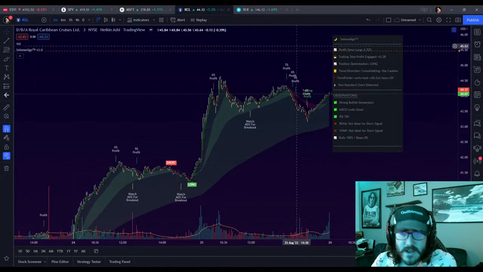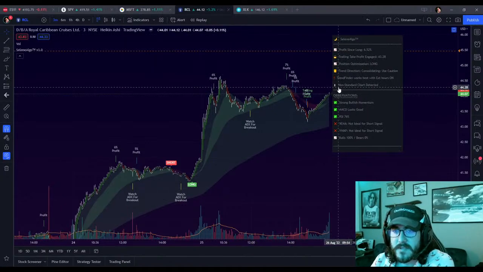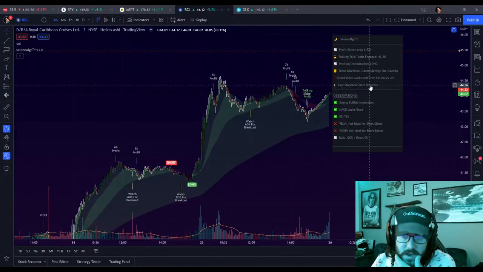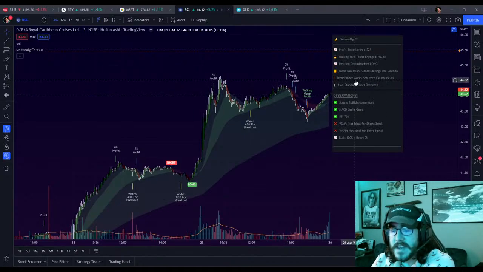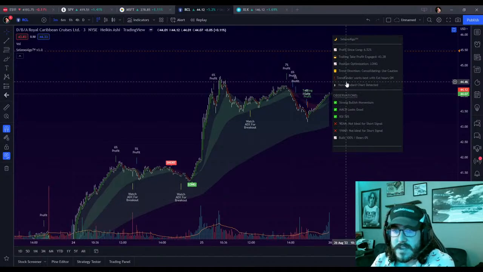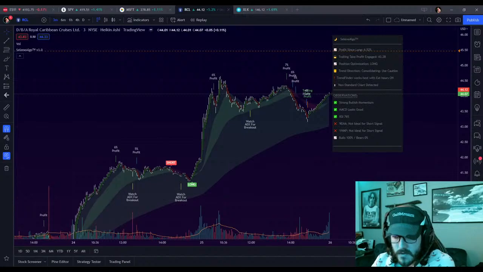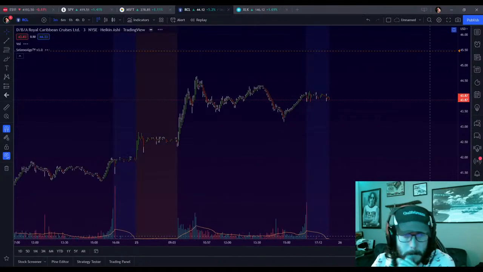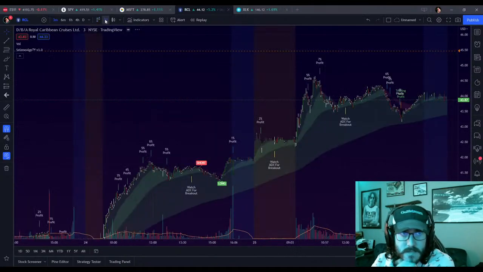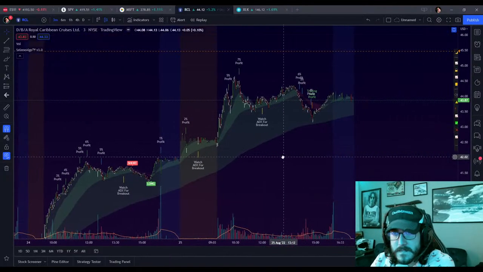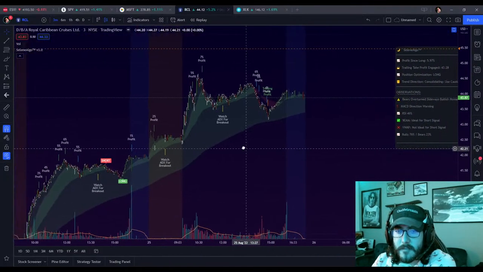When you switch to Heiken Ashi, you will see non-standard chart detected because we're not on standard candles. Also, when you have extended hours off, you will see Trend Finder works best with extended hours on. So we'll put extended hours back on with regular candles, and then we'll get into some of my favorite settings.